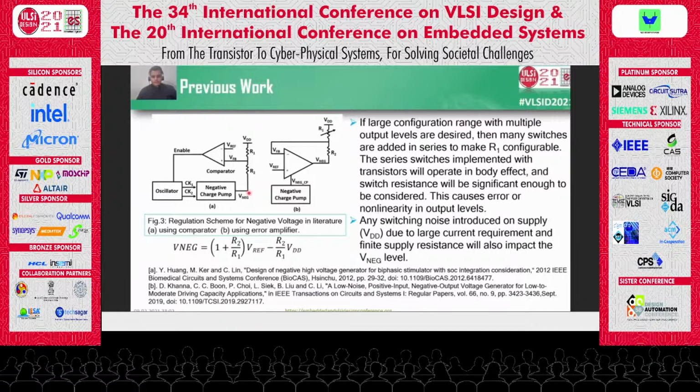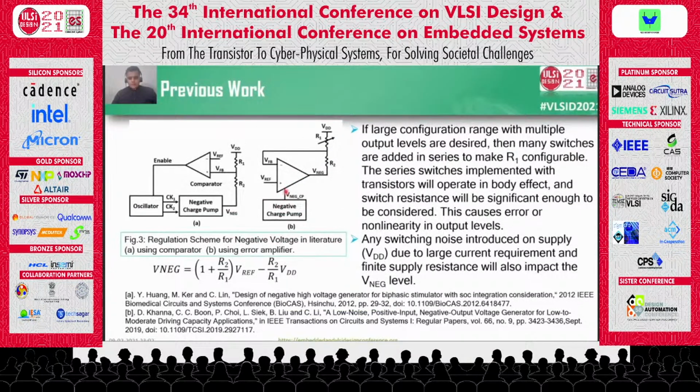In the next architecture, to reduce the ripple at the output voltage, they have used one regulator and used a negative charge pump as the supply of this error amplifier. So here VNAG will be generated such that it will be (1 + R2/R1) × Vref − (R2/R1) × VDD. To achieve the different configurability of VNAG, they have configured the R1 with different switches.